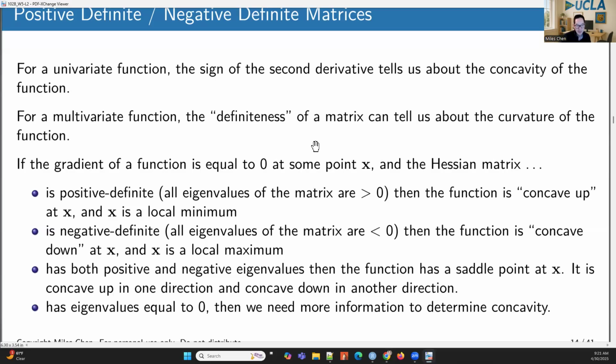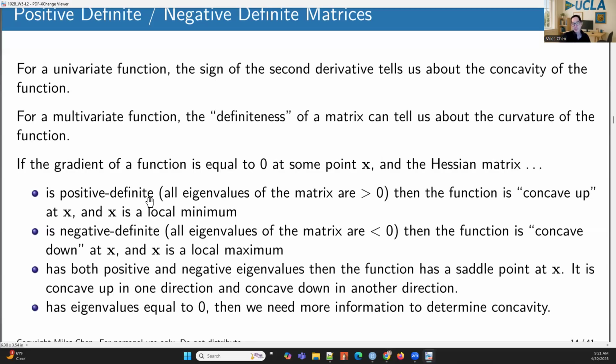Okay, and so if you calculate the gradient of a function and it's equal to 0, I should say a vector of zeros at some point x, and if the Hessian matrix is positive definite, then it corresponds to a local minimum.